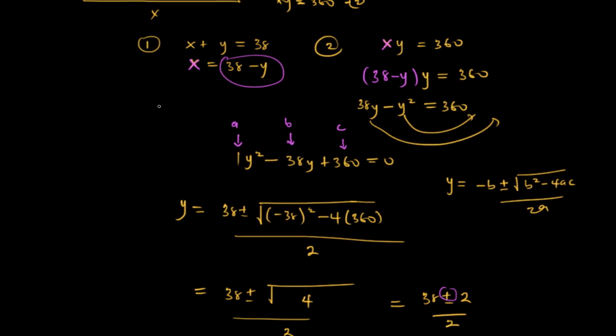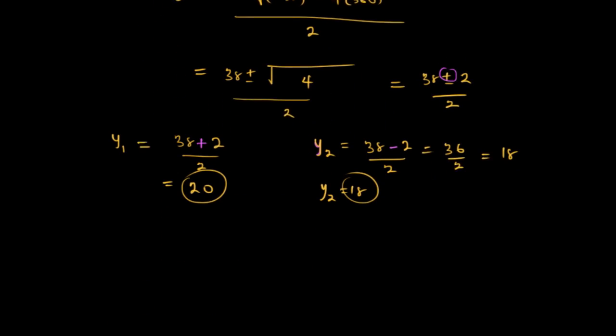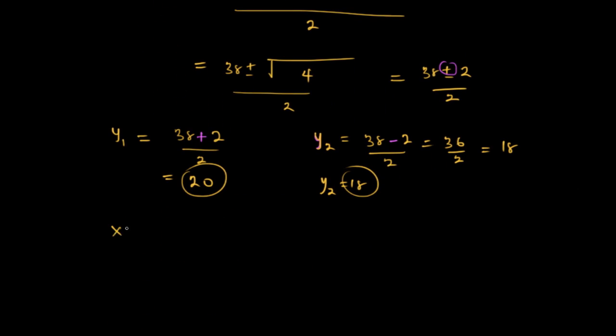And then we're told that x equals 38 minus y. Now when y1 equals 20, using this value of y, our x is just going to be 38 minus 20, which is 18.